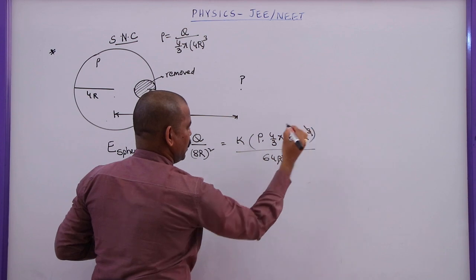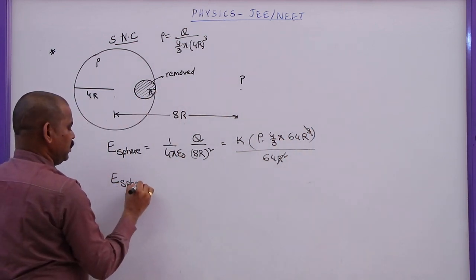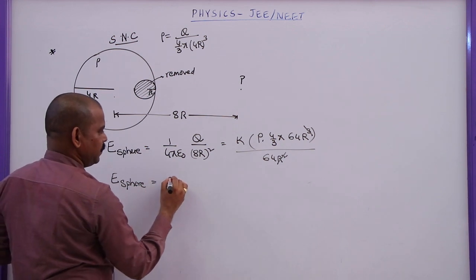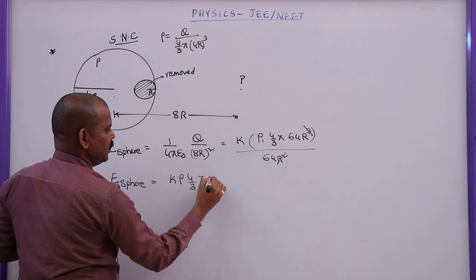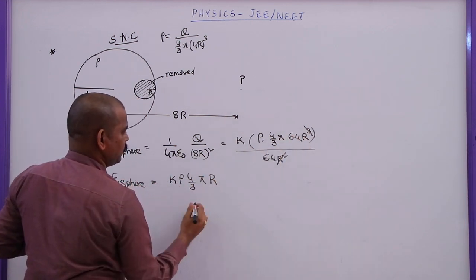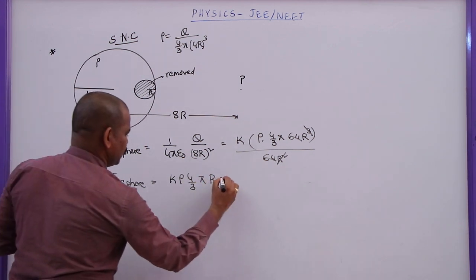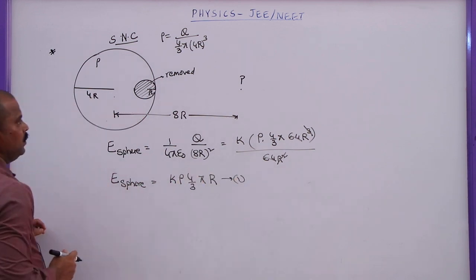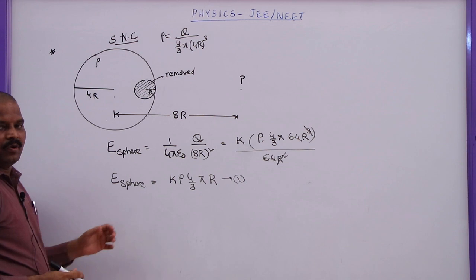So r square and r cancel. The electric field due to the complete sphere at point P is k rho 4 by 3 pi, the 64s cancel, r. This is equation 1.